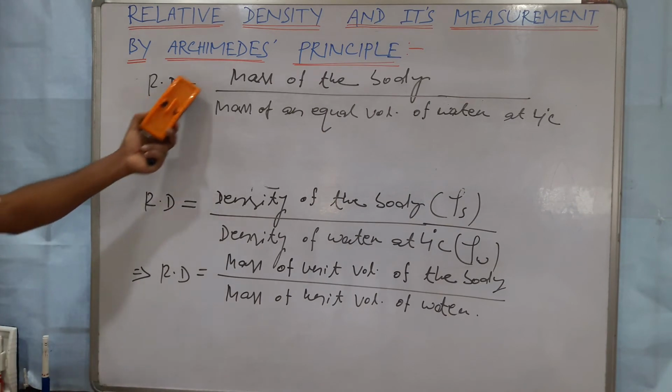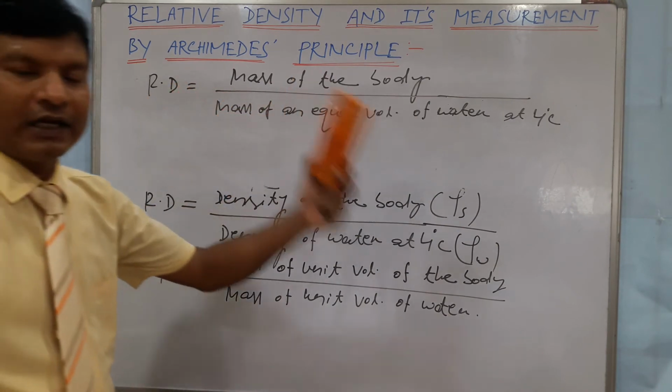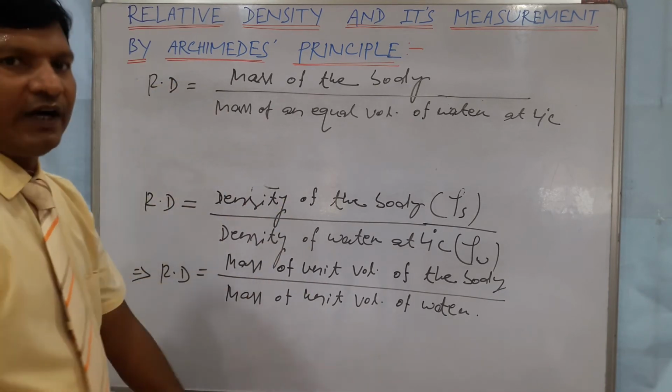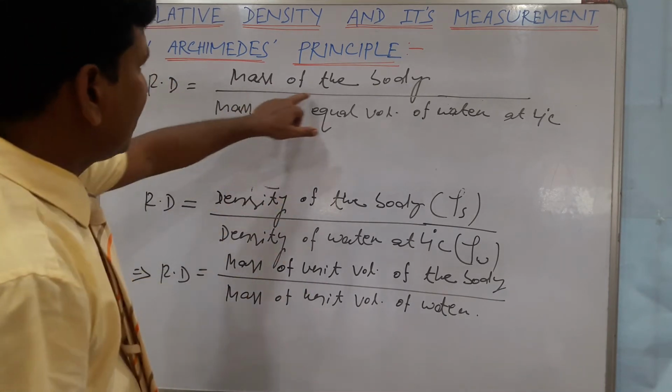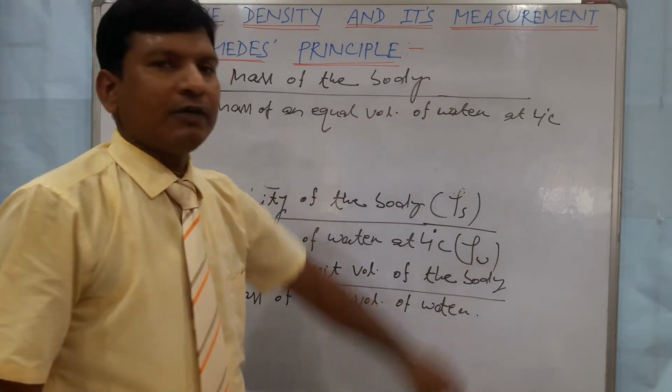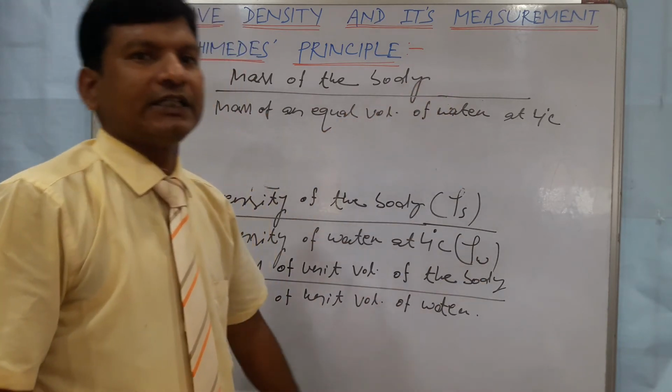So this is another definition of the relative density. You can remember here, relative density is also defined as the ratio of the mass of the body to the mass of an equal volume of water at 4 degrees Celsius.